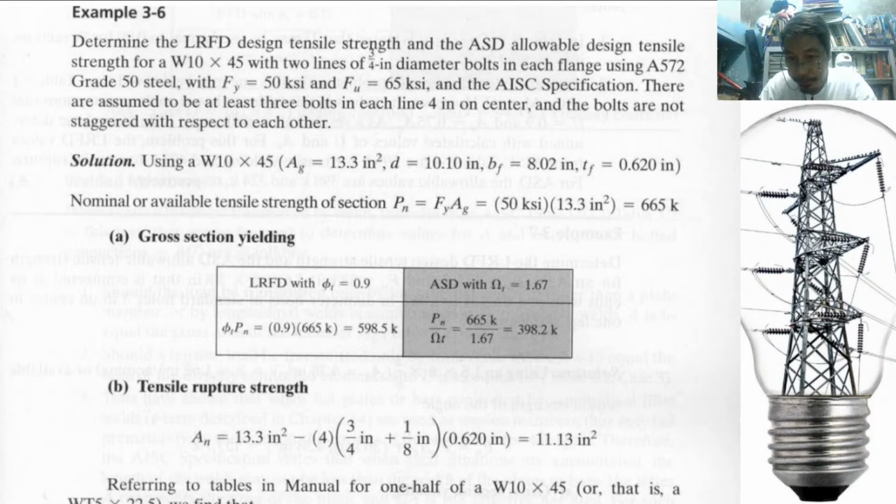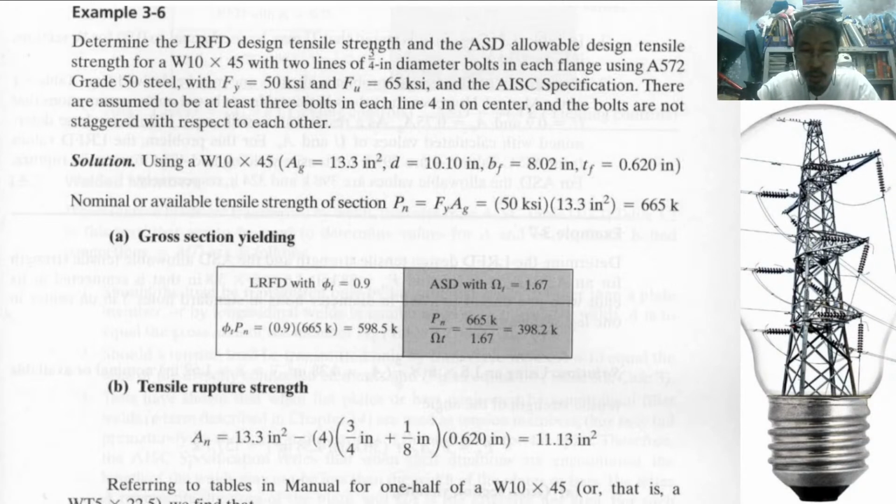We are asked to determine, really there's nobody who can answer what is the modulus of elasticity of steel. Okay, anyway, we are asked to find the LRFD design tensile strength, and the ASD allowable design tensile strength.